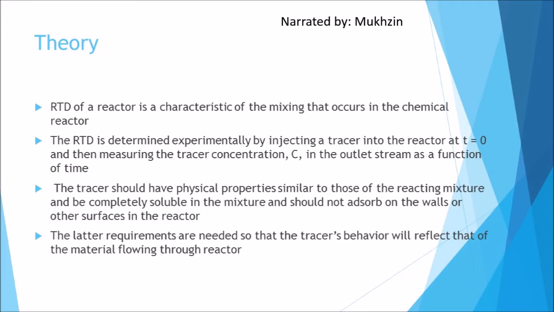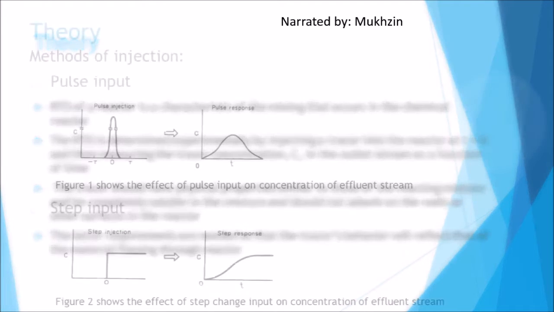The tracer should have physical properties similar to those of the reacting mixture and be completely soluble in the mixture. It also should not adsorb on the wall or other surfaces in the reactor. The latter requirements are needed so that the tracer's behavior will reflect that of the material flowing through the reactor.